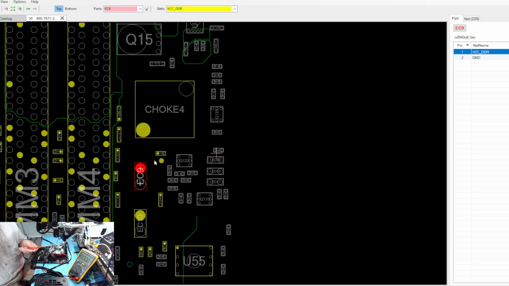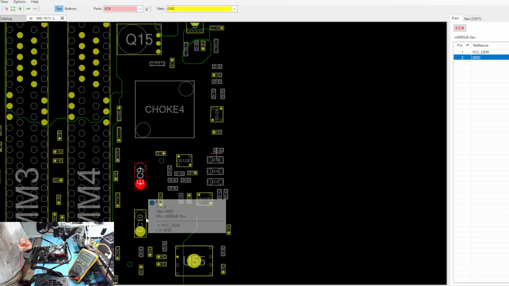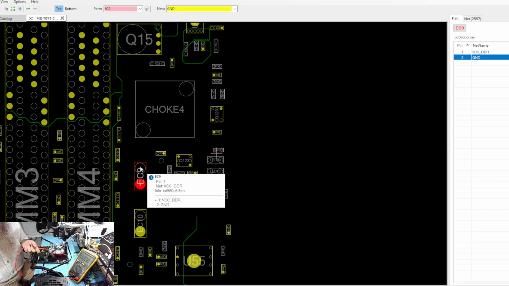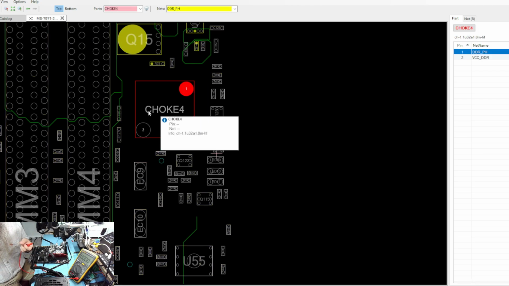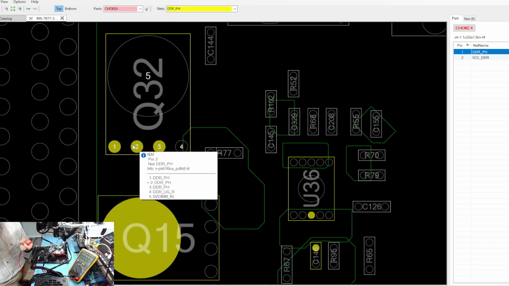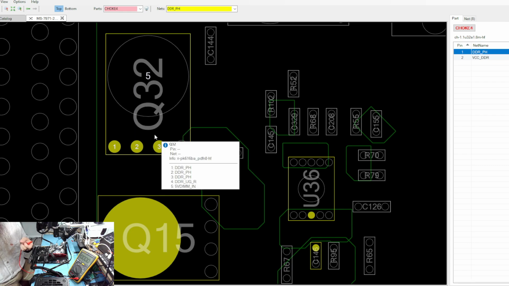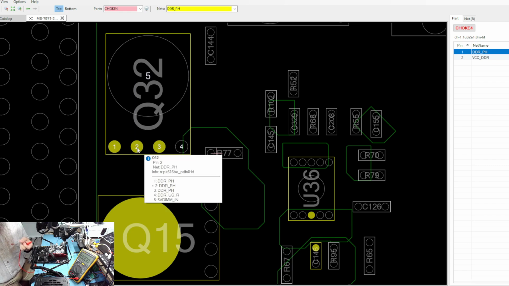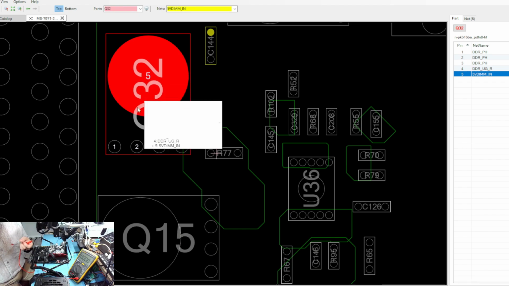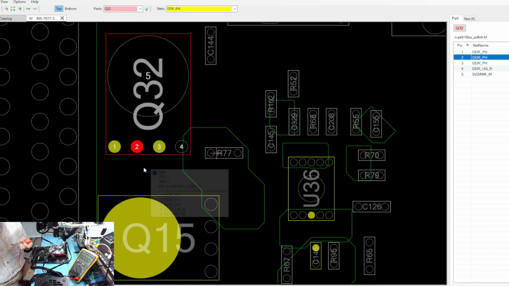because these are big polymer or electrolytic capacitors that are through hole. So I would have to measure on the back side. So this will be easier. I'm just going to connect to this is source, most likely. This is drain, most likely. So this is, yes, 5, and yeah, so this needs to be the drain, this needs to be the source.